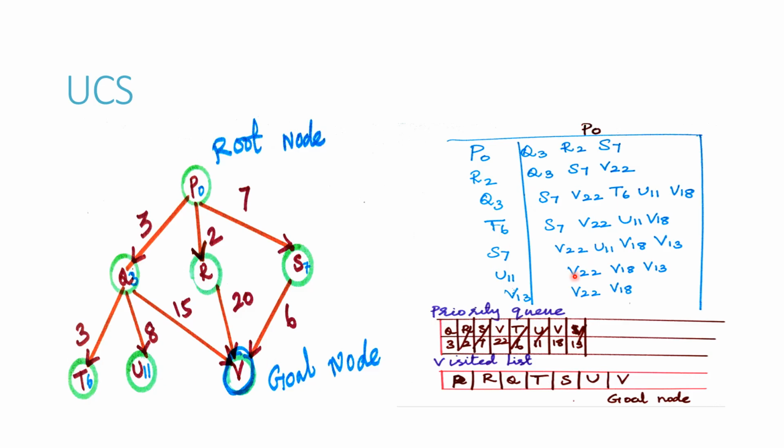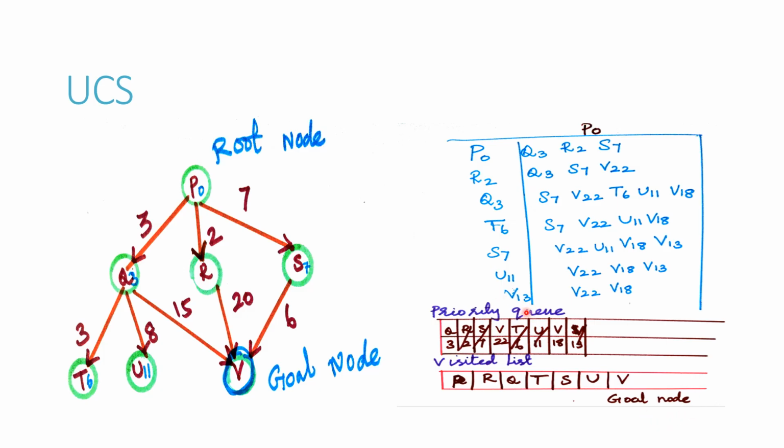Then what are the remaining values? V22, V18, V13. These values are available in the priority queue. The priority queue gives preference to the lowest cost node, here V13. So V13 moves to the visited list with the cost of 13. This V is the goal node.